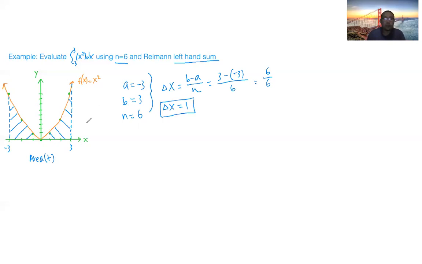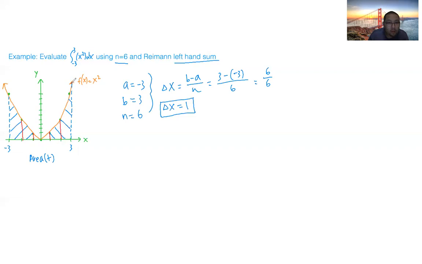Based on this, we want to break our interval into the proper number of subintervals. So let's do that in red. These are supposed to be straight rectangles if it was perfect.